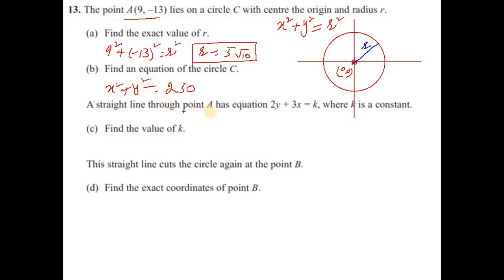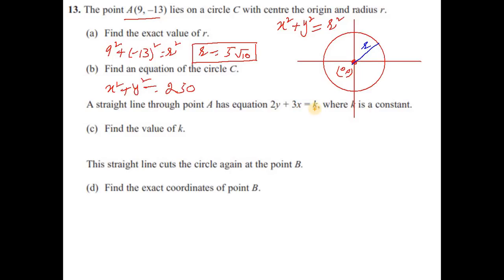A straight line through point A has equation 2y plus 3x is equal to k, where k is a constant. Find the value of k. The straight line is also passing through the same point A, (9, -13). So this point also lies on this line.